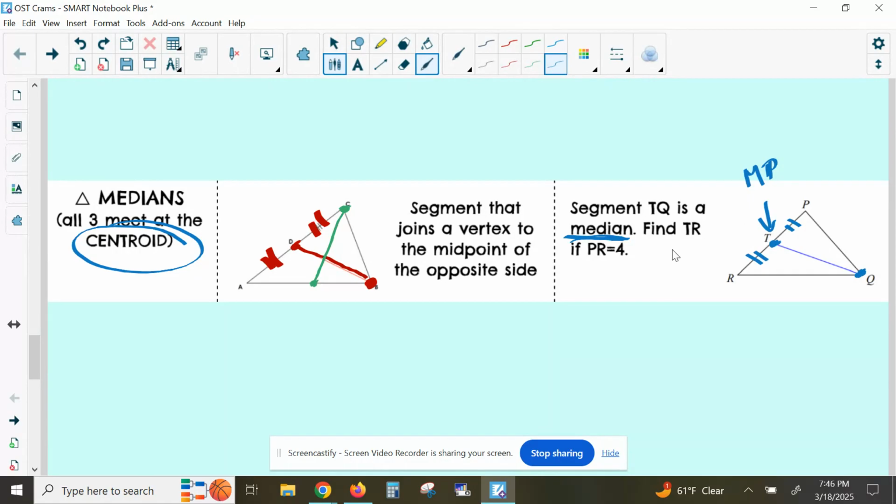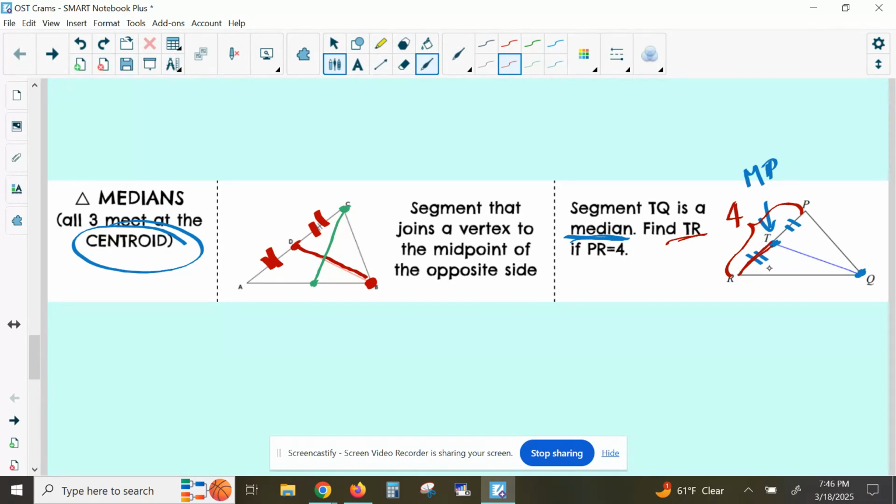So if we want to find TR, TR is this piece right here. If PR is 4, so it's telling us PR, that means from here all the way to here is 4. So if that's true, how long is it from T to R only?